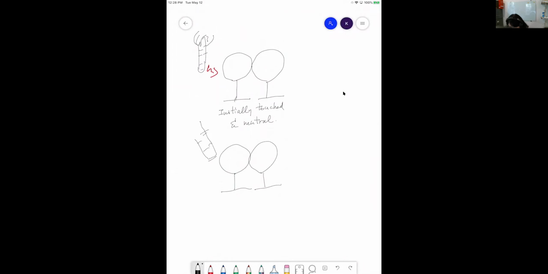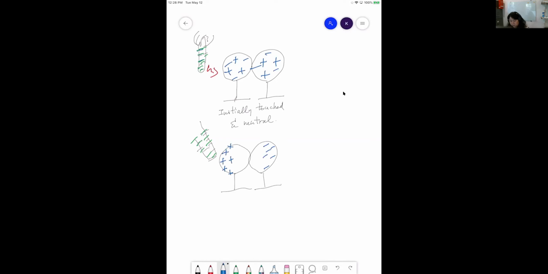Initially they have the same number of plus and minus. But if you bring this negatively charged object closer, then the minus will be repelled and the positive will be attracted.